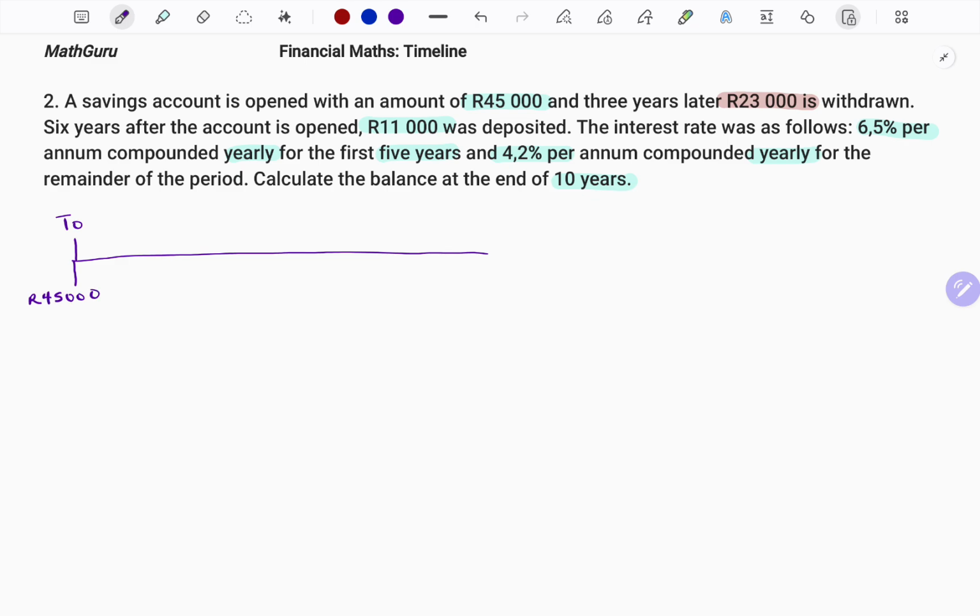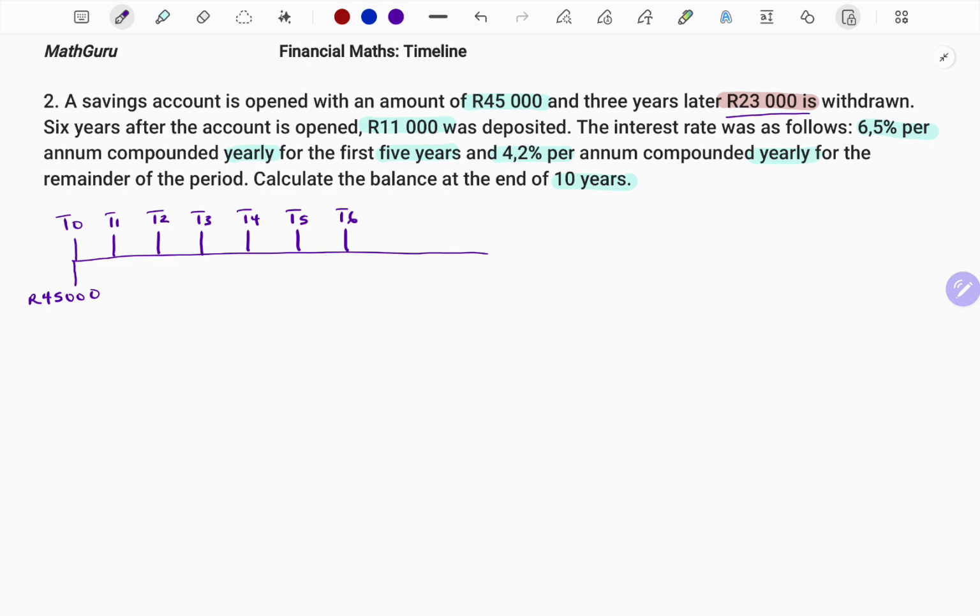And then I have my T1, T2, T3, T4, T5, T6. Note that at T3, something happened. It says 3 years later, 23,000 is withdrawn.